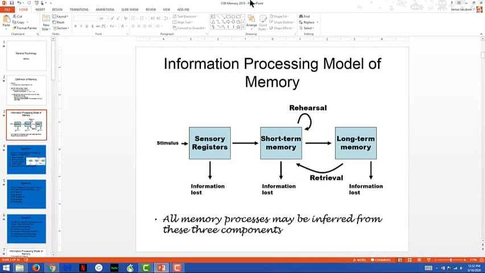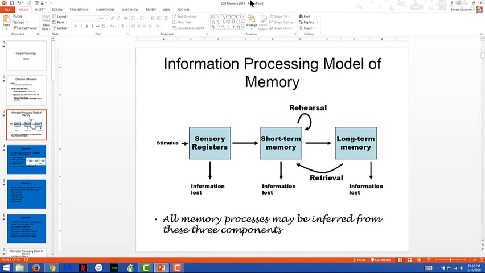Now, what we're going to move on to now is the most basic underlying model of memory that you'll see as an undergraduate. There are multiple models of memory that exist in the field of psychology. However, one model tends to dominate all of the other models at the current time. And by and large, this is the only model of memory that you'll actually see as an undergraduate.